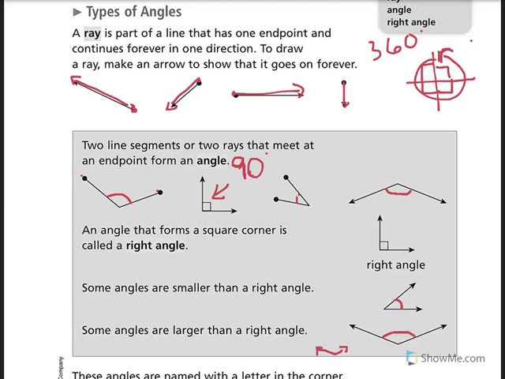It doesn't matter what the length of the lines is, because we know these are going to continue forever, right? So they could go forever. And these lines go forever that way. So we're talking about how big it opens.